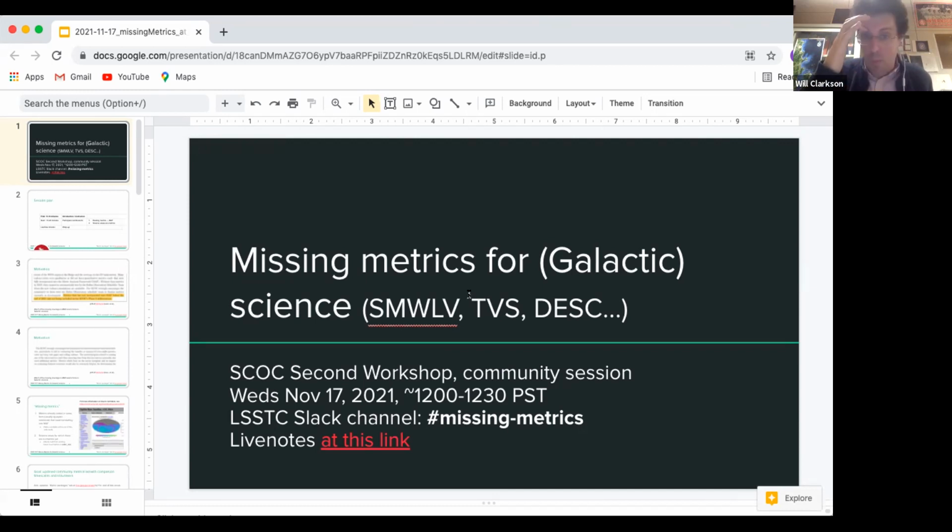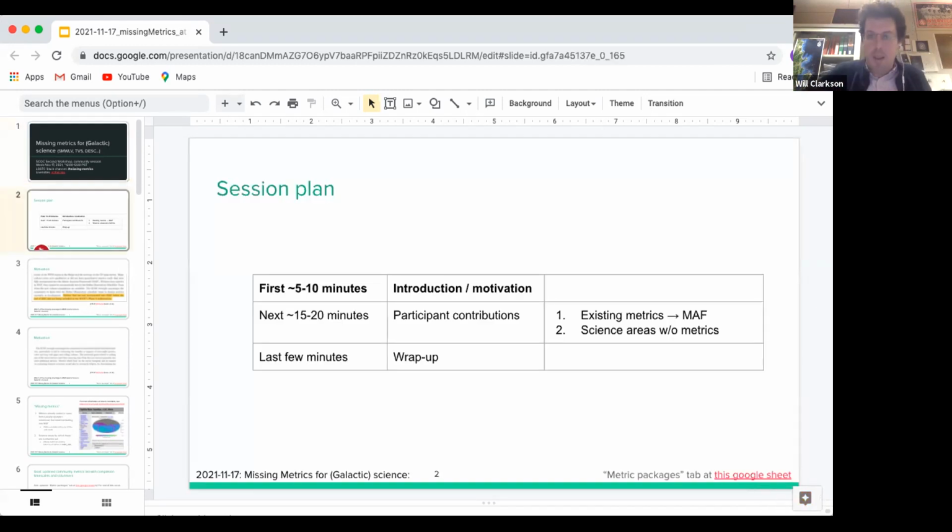Like I say, while SMWV and TVS and DESC proposed this session, this I think is relevant to all of the science areas. So I hope it's useful to people. So the plan for this session is roughly this. I'll say a few words of introduction and motivation.